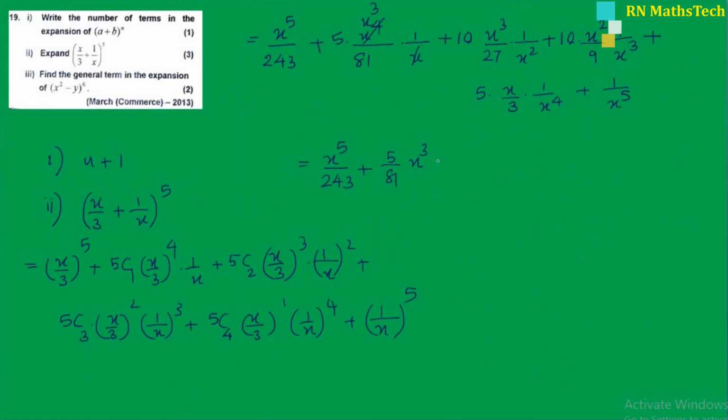Next is 10 by 27 x plus 10 by 27 x, next square cancel, plus 10 by 9x, next 5 divided by 3x cube, plus 1 by x raised to 5. So that is the expansion.